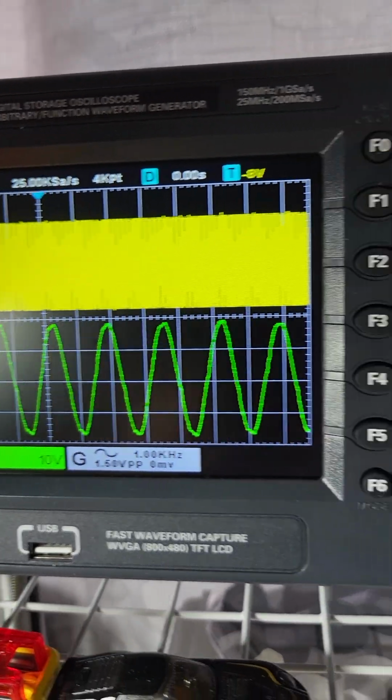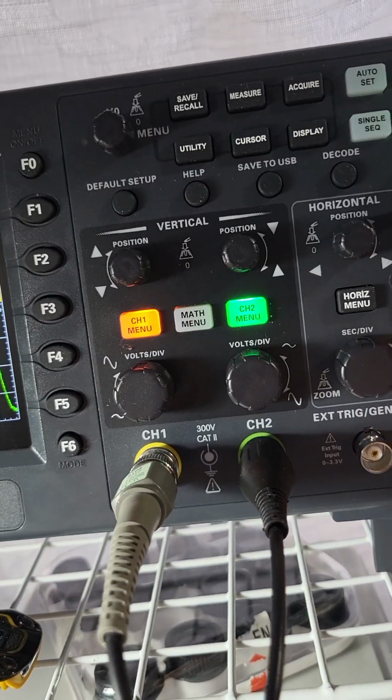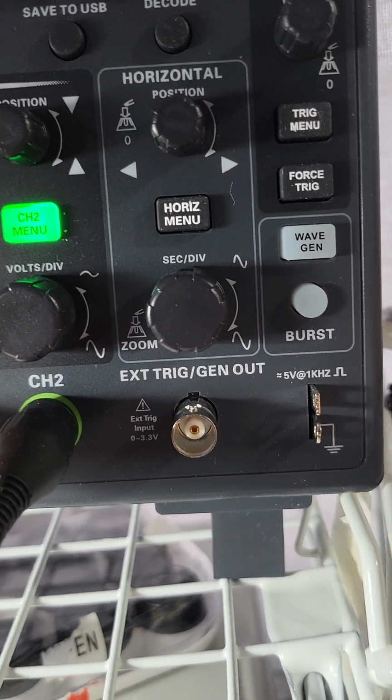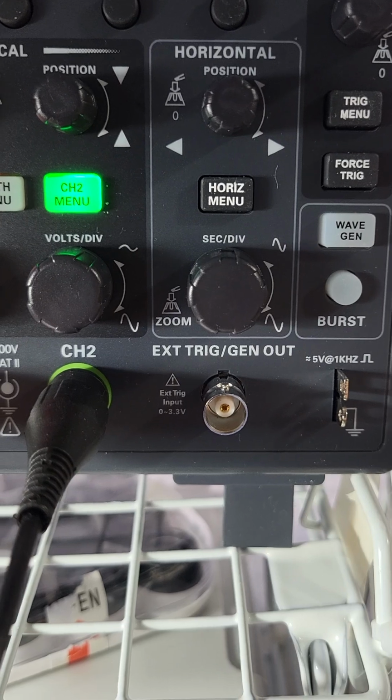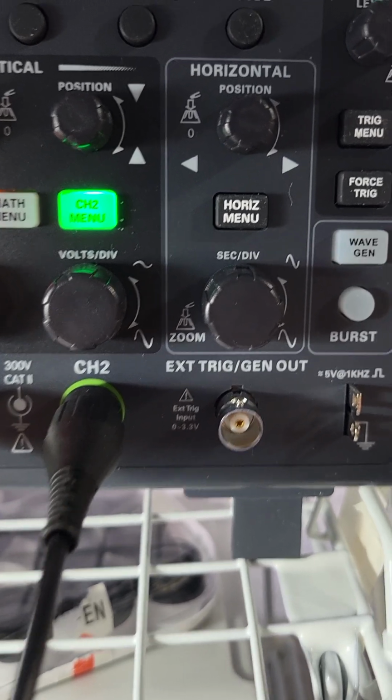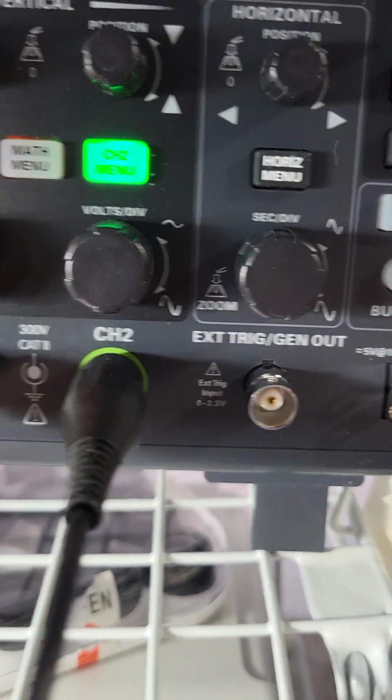But we can zoom in on that signal using this second knob. We can zoom in and zoom out the signal.